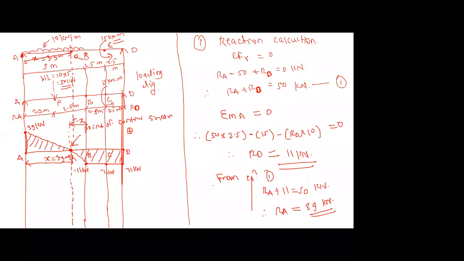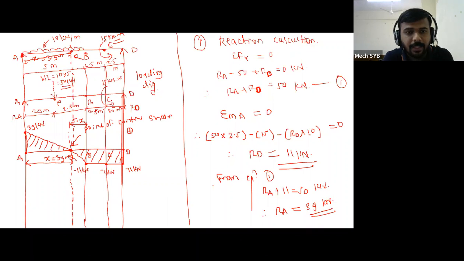UDL. पण किती मीटरचं UDL आहे? 3.9. पॉइंट Q च्या लेफ्ट साइडला 3.9 मीटरचं UDL आहे. म्हणजे पॉइंट Q ला BM काढताना फक्त 3.9 मीटरचंच UDL आपल्याला कन्सिडर करायचंय.